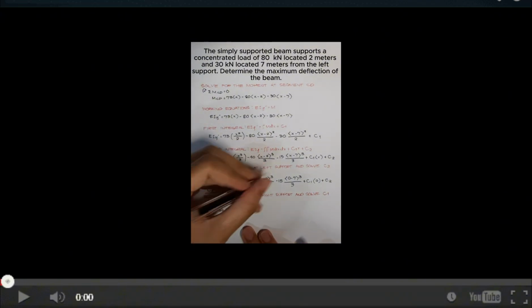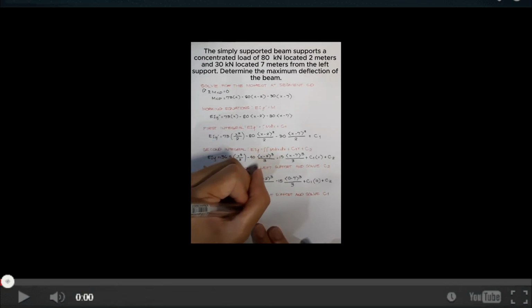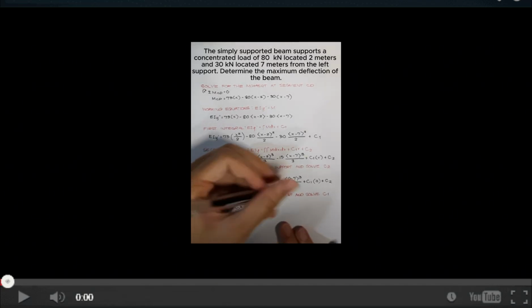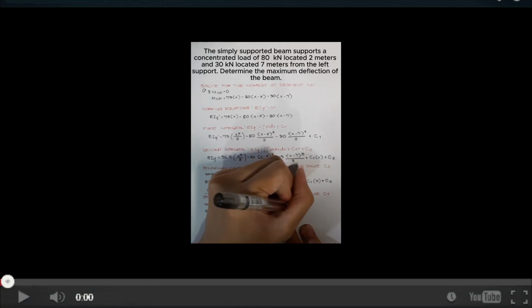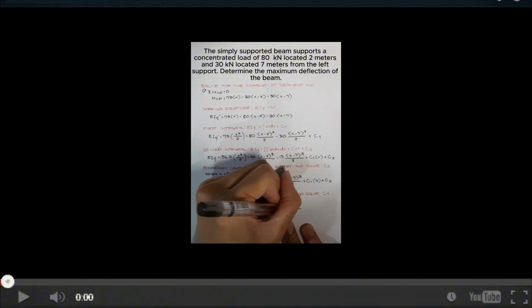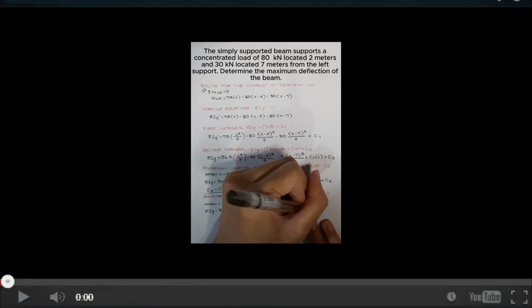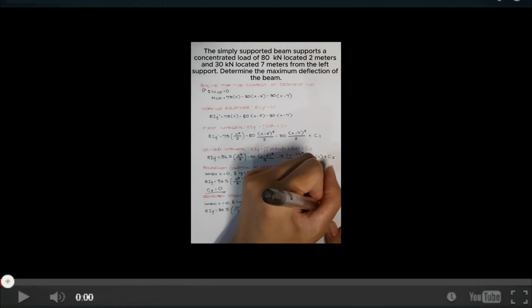Substitute lahat ng x into 10 since x is equals to 10. So, 10 cubed over 3 minus 40, 10 minus 2 cubed over 3 minus 15, 10 minus 7 cubed over 3 plus C1, 10, and C2, our answer is 0.